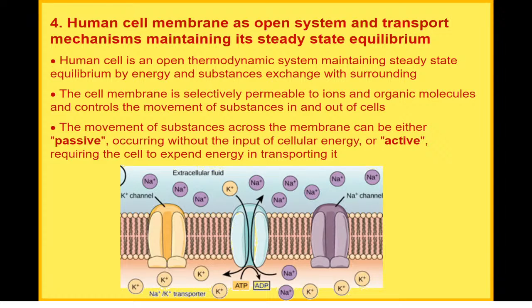Particularly, let's look at the cell structural level and recognize the behavior of the cell as a thermodynamic open system. What is the arrangement of the cell to interact and exchange energy and matter with the surroundings?